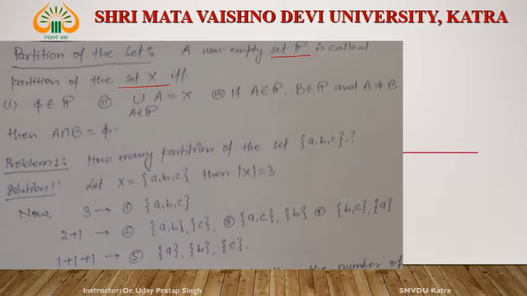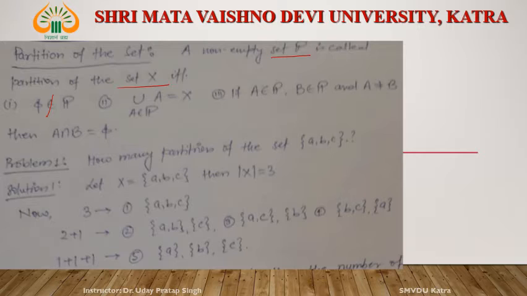Number 1, phi does not belong to P, that is, phi is not an element of the partition set P. Second, the union of all partitions in P is equal to capital X. And third, if A is in P and B is in P, then A intersection B is equal to phi, provided that A does not equal B, meaning A and B are disjoint sets.